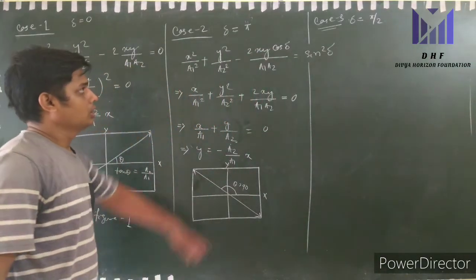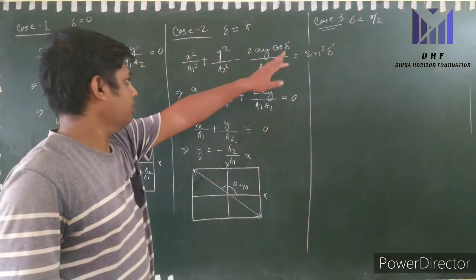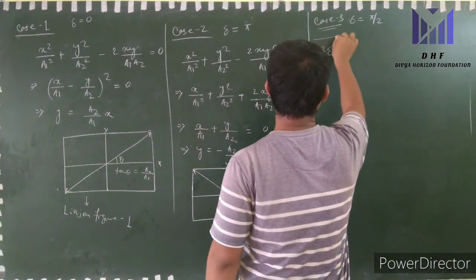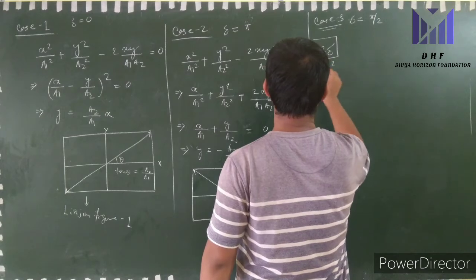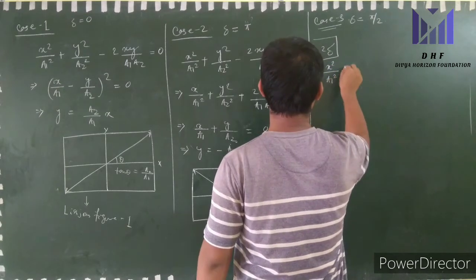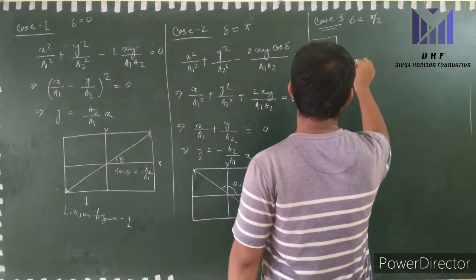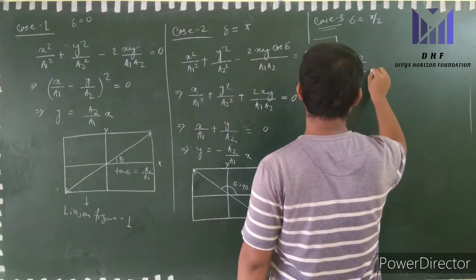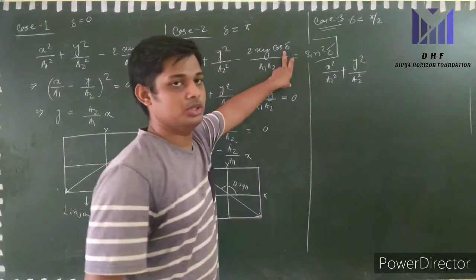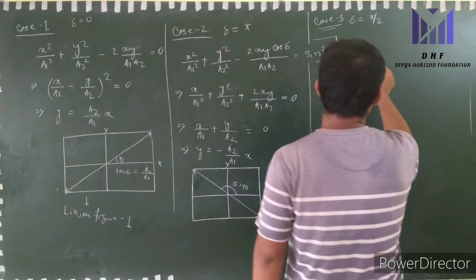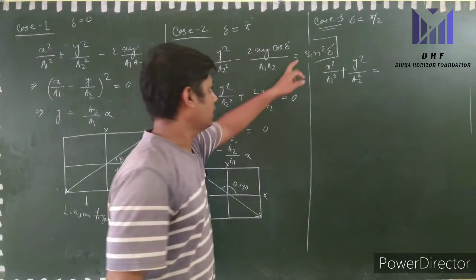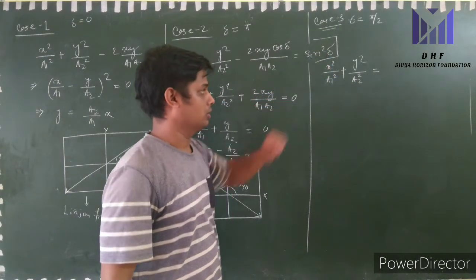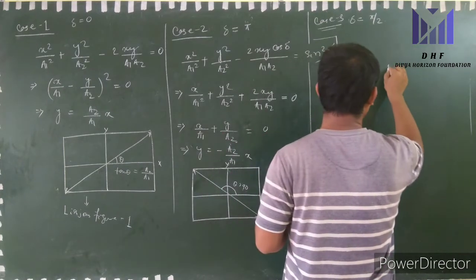If we put the value of delta, that is pi by 2, in this equation, we will get x square by a1 square plus y square by a2 square. Here cos pi by 2 is 0, and this is equal to sin square pi by 2. Sin pi by 2 is 1, so sin square pi by 2 is also 1.